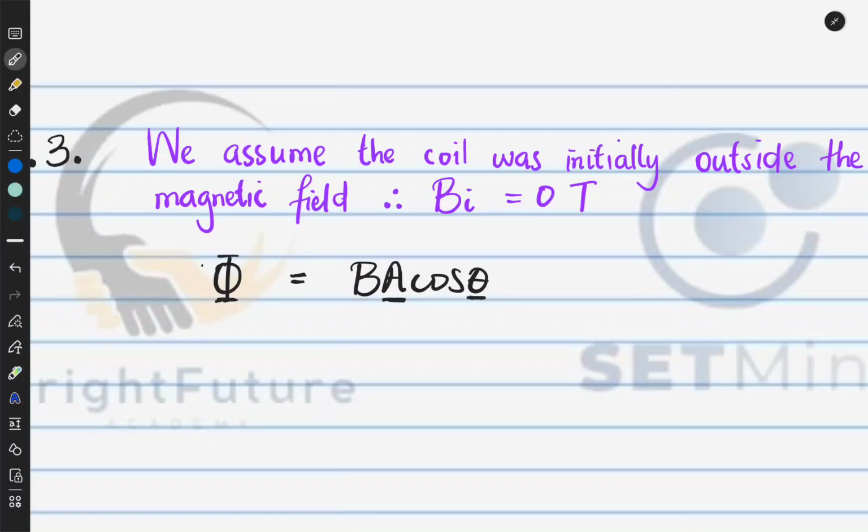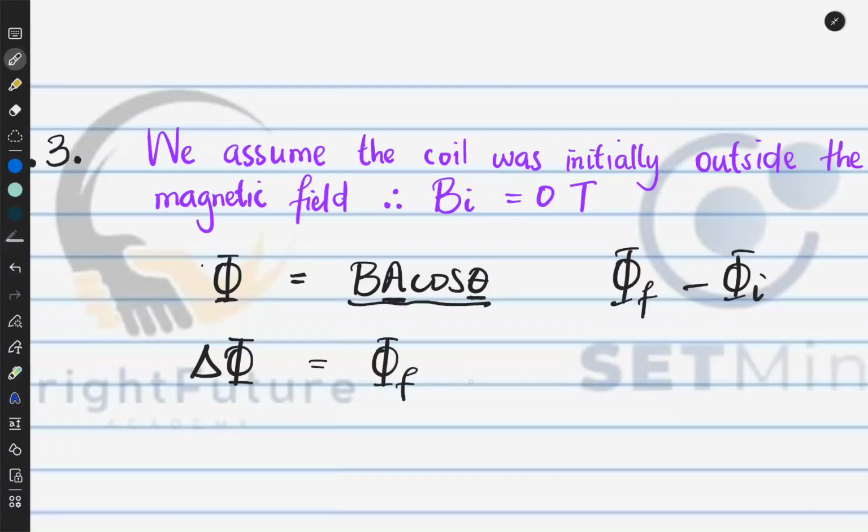The reason we have to think of it as changing is because this formula only has phi as a parameter, but now we are given delta phi. So one of these has to have a delta in it as well, because for any delta, you'll have final minus initial.